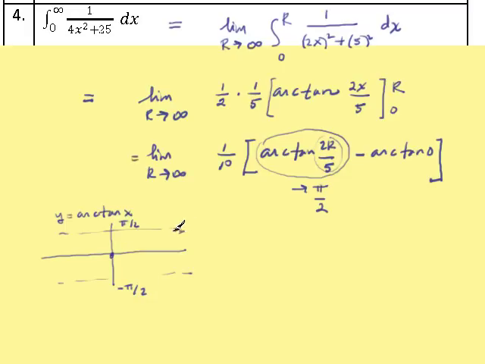It goes up to pi over 2 on the right and down to minus pi over 2 on the left. So as we go to the right, the graph goes up to pi over 2, so that's what we have here. And arctan 0 is 0. We see it goes through 0 at 0. All right, so this is equal to 1/10 times pi over 2, or pi over 20.